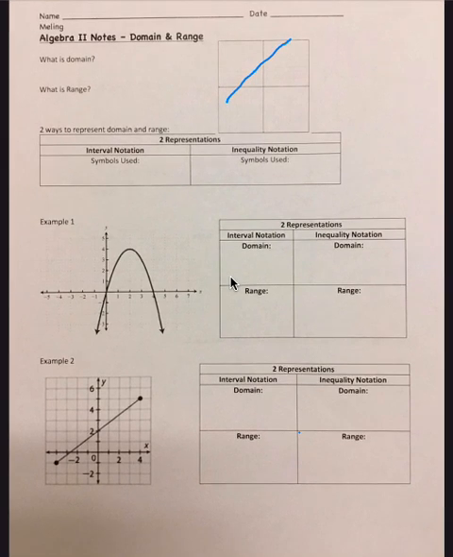So it's all values of x. So we want to think all values of x going from left to right.